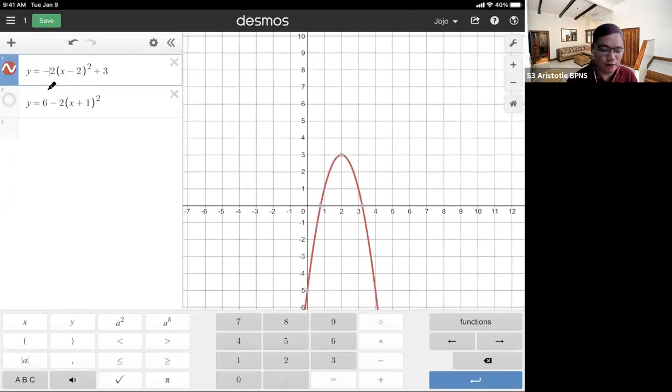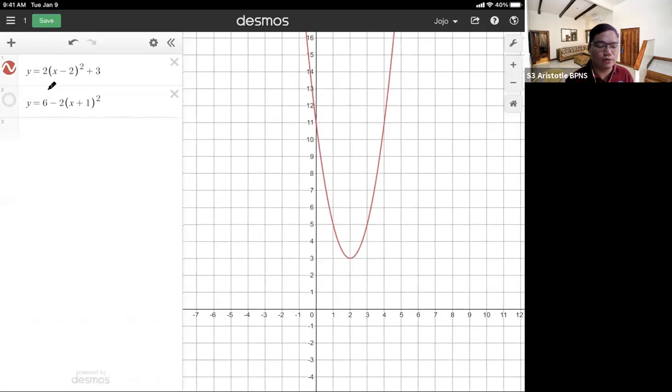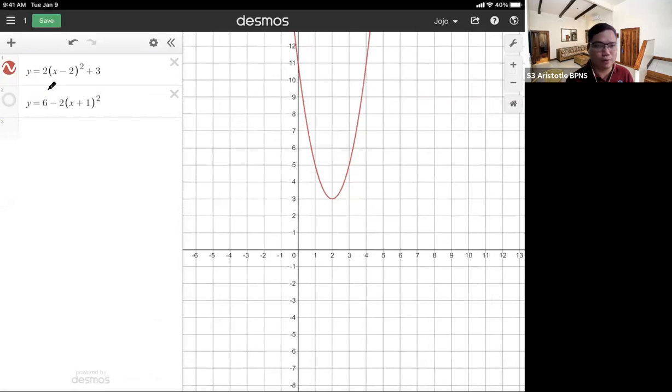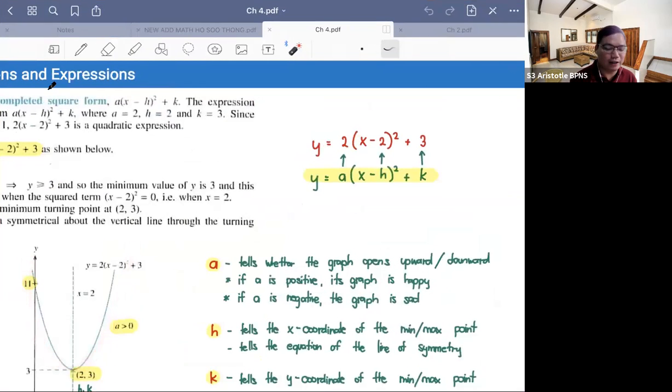So your main concern for A is just whether it's positive or negative. So when you draw your graph, it is much easier for you to identify if it's opening upwards or downwards, or in other words, if it's happy or sad. Okay. Again, if it's positive, it's happy. If it's a -2, it's a sad graph, right? Okay, so that's it for A.